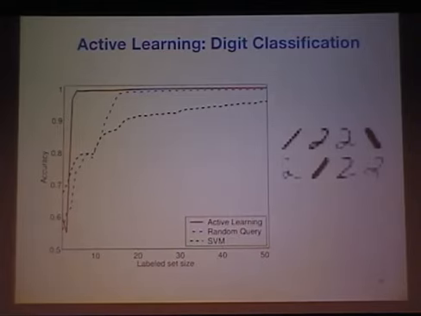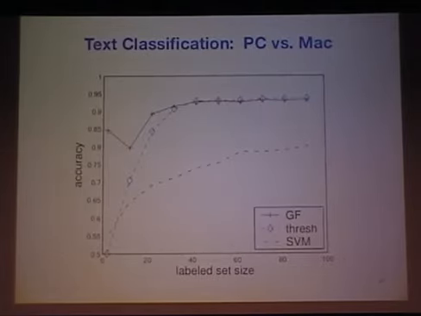Can you go back to the previous slide? On the right curve, at first it goes down. When the label set size goes up, actually the performance goes down. Yeah, that's right. The reason that happens is there's a different decision rule for using the posterior mean of the Gaussian field in the red curve than in the blue curve.